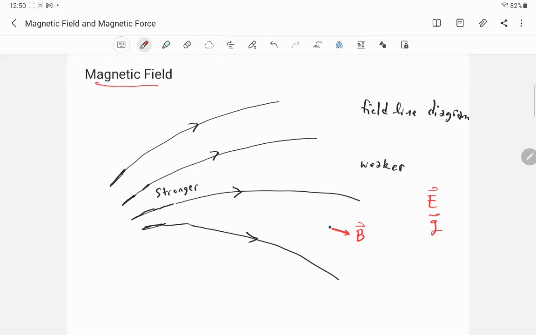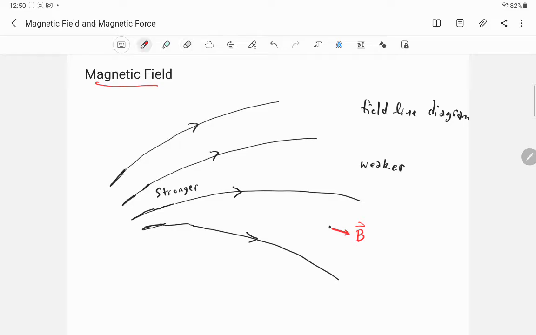But since we're talking about magnetic field, let me erase those other fields. So the magnetic field here has this arrow. I drew it kind of short because this is where the field is weaker.